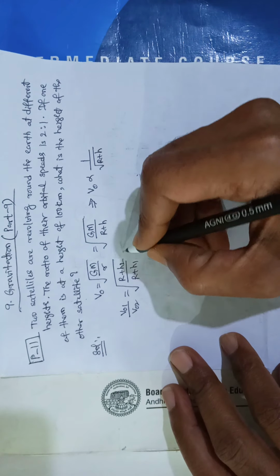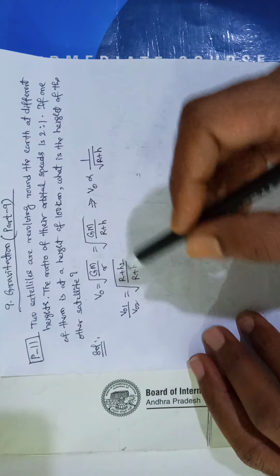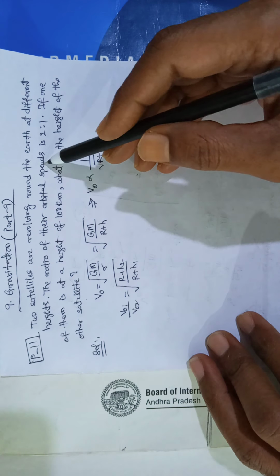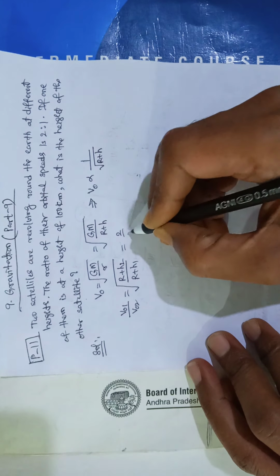So now the ratio of their orbital speeds is given as 2:1. So this is equal to 2 by 1.